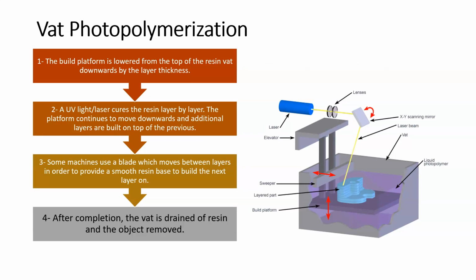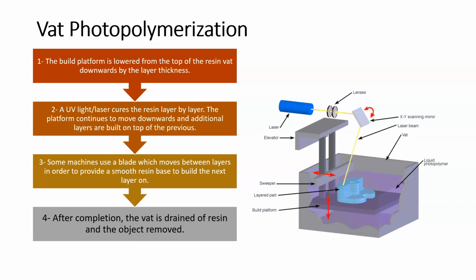Okay, the process for photopolymerization. The steps are as follows. The first step is the build platform is lowered from the top of the resin vat downward by the layer thickness. And by the way, I'm talking here about the initial vat photopolymerization process, which is stereolithography.